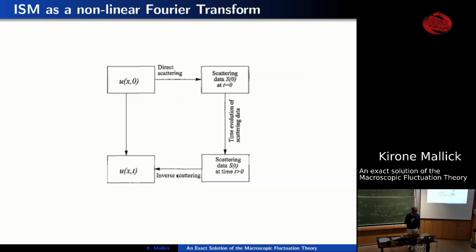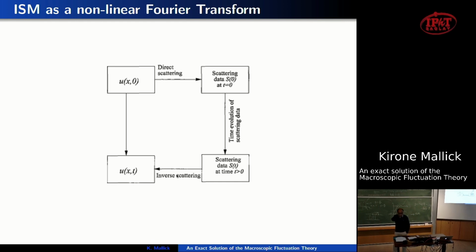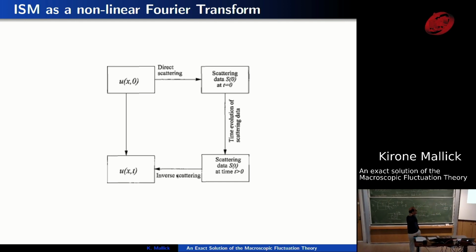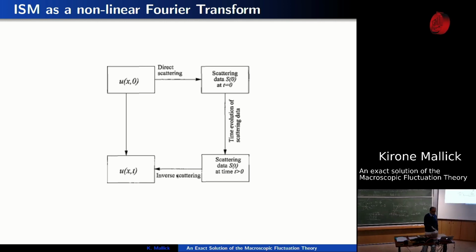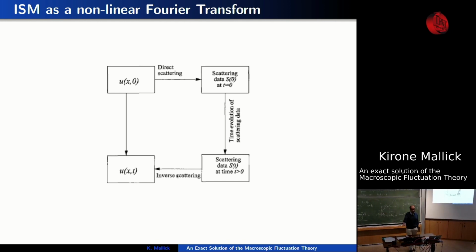And in fact, the people who studied that really showed that this is exactly the analogue of a nonlinear Fourier transform. Think about the Fourier transform, that's exactly what you do when you solve the heat equation or the Schrödinger equation. You take the initial condition, you decompose it, you analyze it into plane waves at time t equals 0.